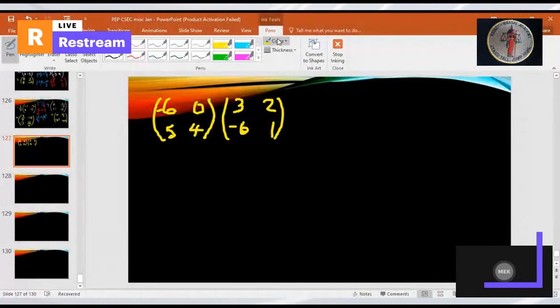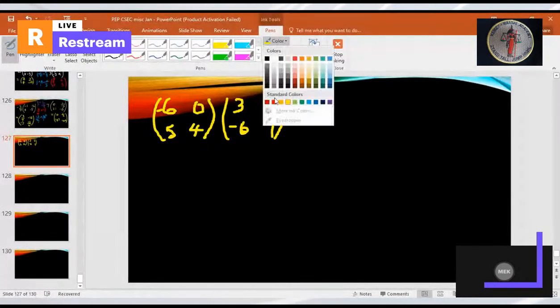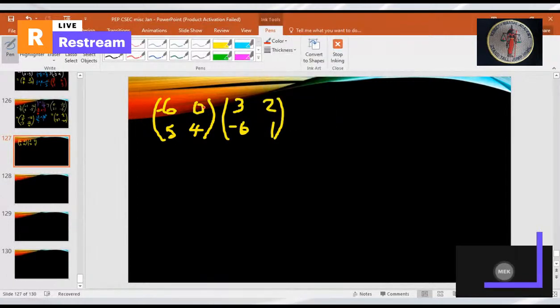So let's do it with actual numbers. Okay, so the first row, the negative 6, 0 times the 3, negative 6. So we're going to need a big bracket now because we're going to have all of those being multiplied. The more we progress, the smaller the brackets will need to be.